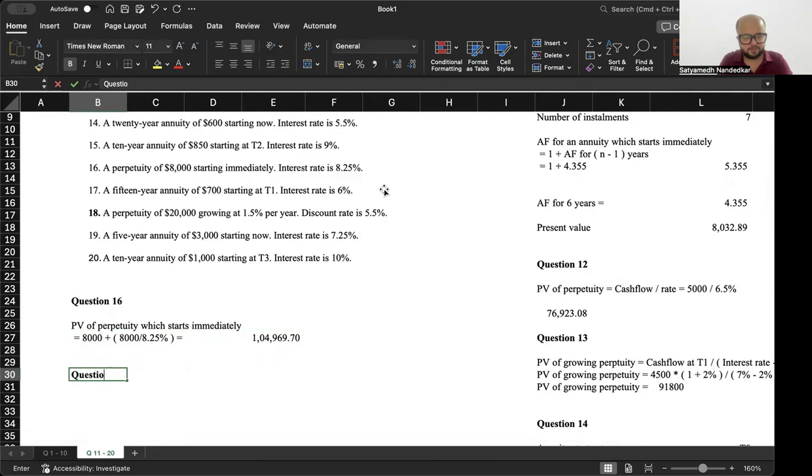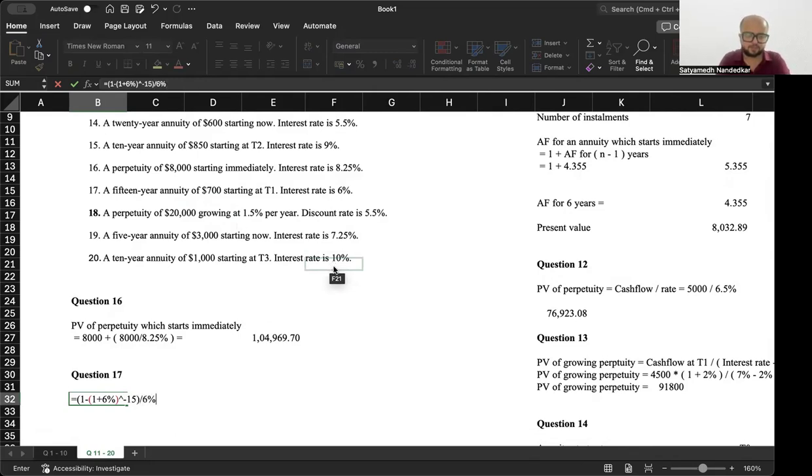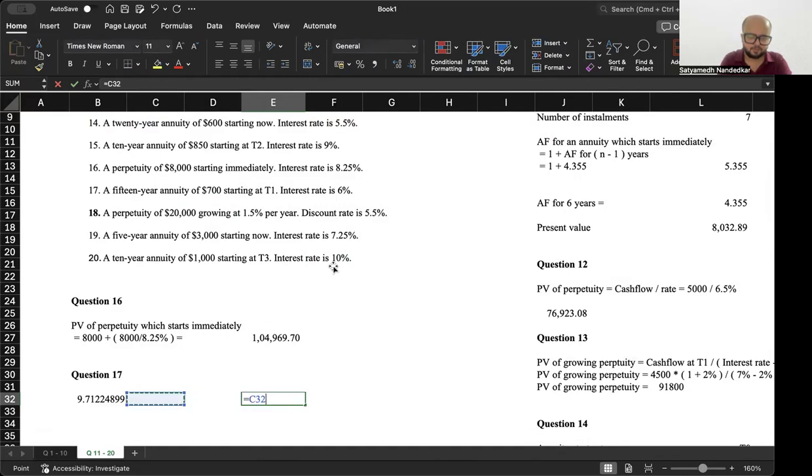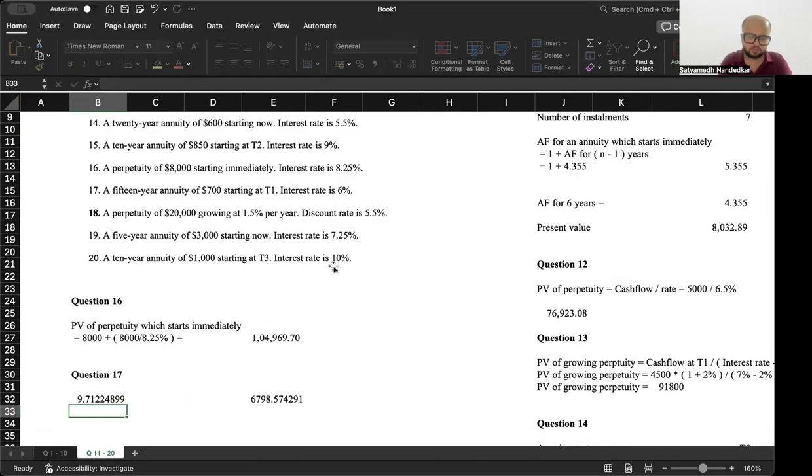Then question 17. A 15-year annuity of 700 starting at T1, interest rate is 6%. 1 minus 1 plus R. What is R? 6%, raised to minus N, raised to minus 15, into 700.